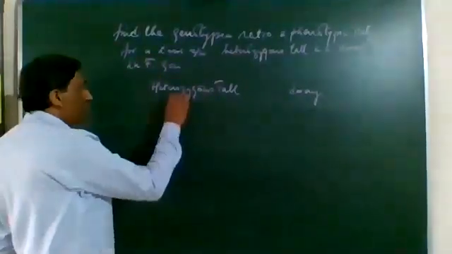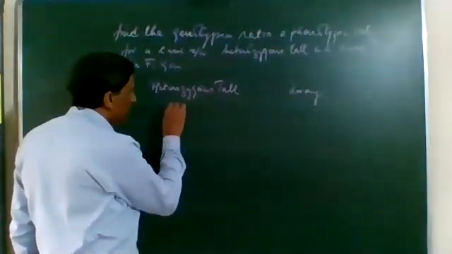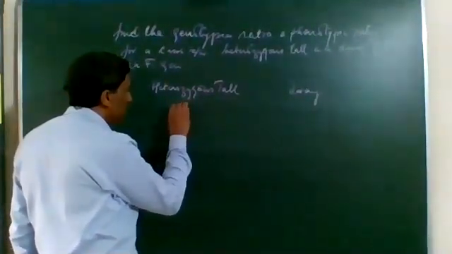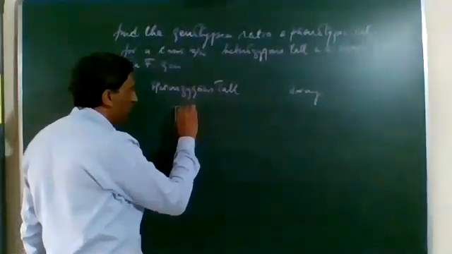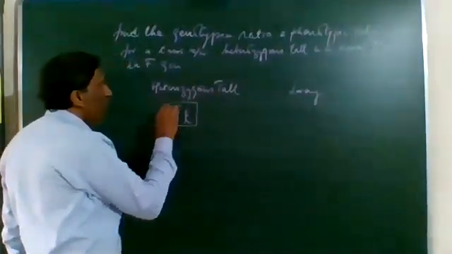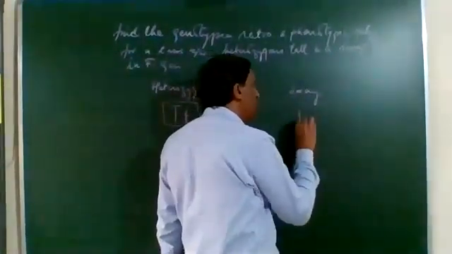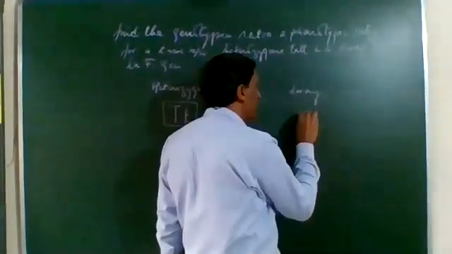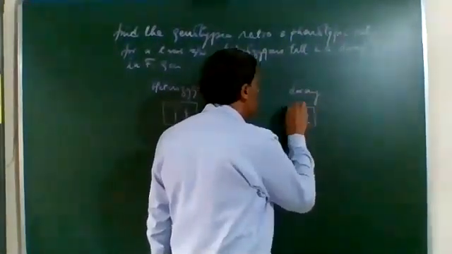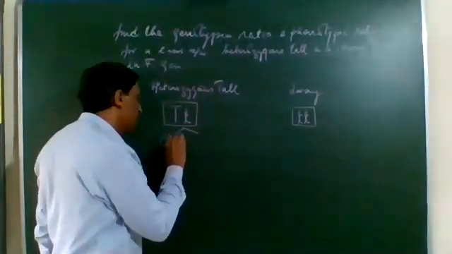Heterozygous tall is a tall in which both the factors are different, that is, one is capital T and one is small t. Dwarf is always homozygous and both are small t. So they will segregate like this.